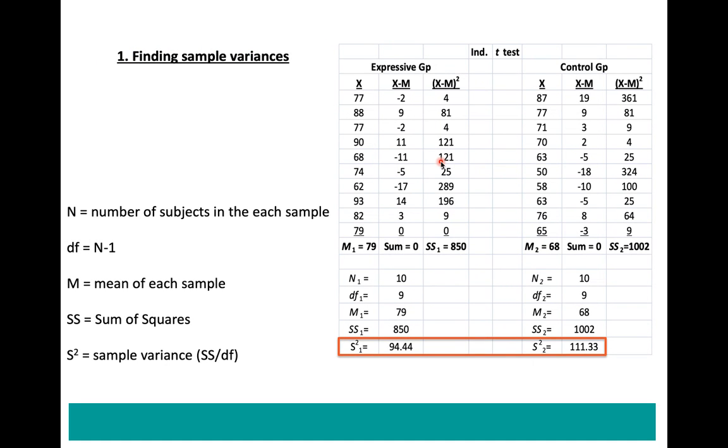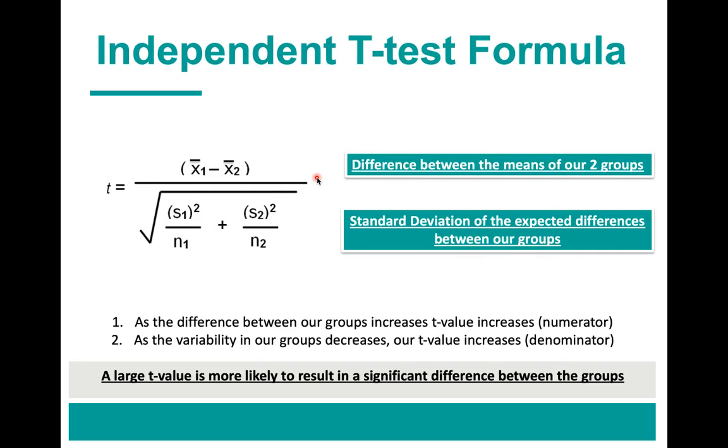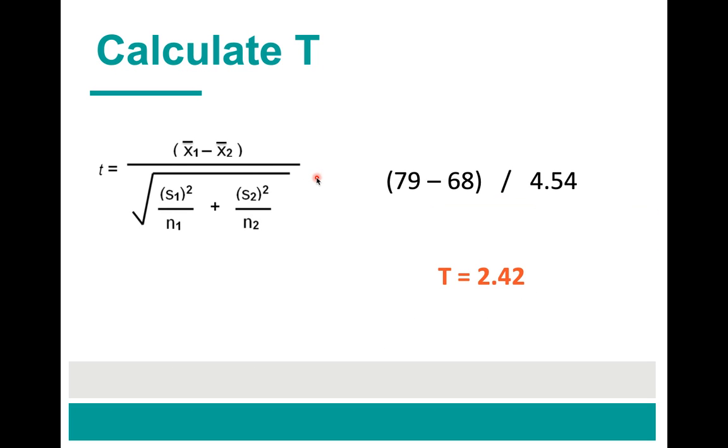That's way back here. Remember, we found the mean of the expressive writers and the mean of the non-expressive writers. So we pull all of those numbers together. 79 minus 68, the mean difference, divided by this denominator that we just calculated to be 4.54, gives us a t-value of 2.42. That's what we're after.